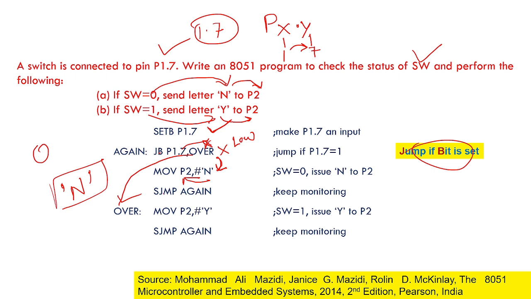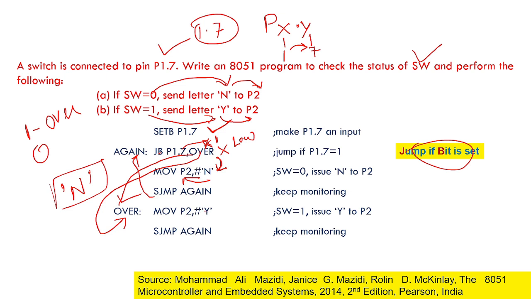Short jump: after processing this, it goes again to the label and checks whether it is 1 or 0. If it is 1, where will it go? I need to go to the label over, to this condition label. What I want to do is send the Y to port 2.